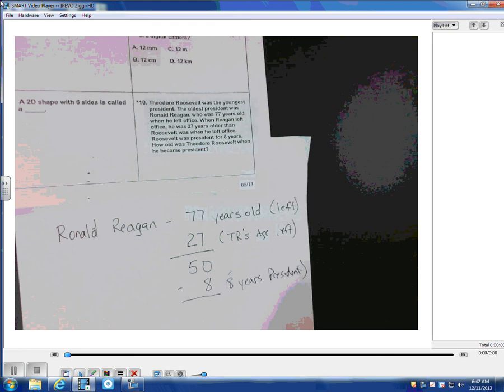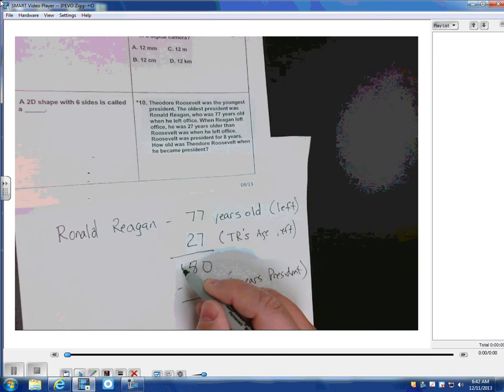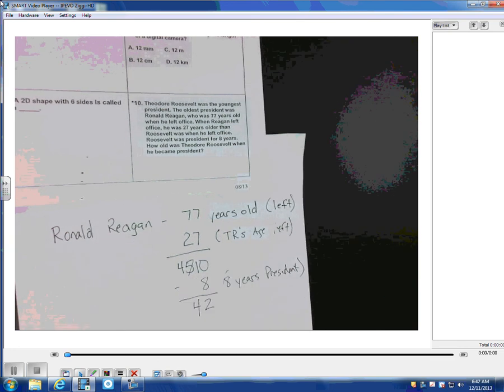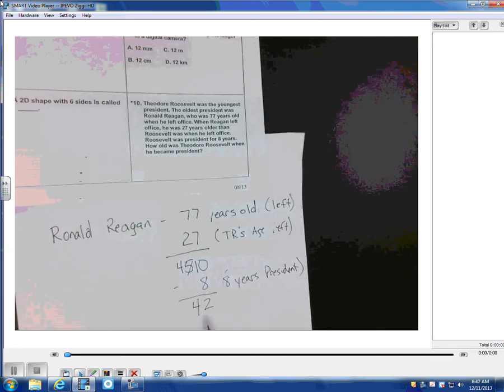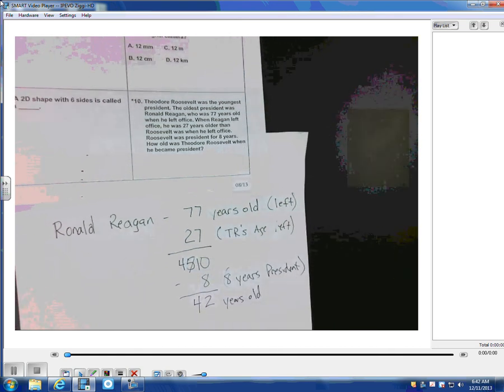Okay, so once I do that, can't take 8 from 0. So I'll borrow from the 5, that becomes a 4, that becomes a 10. 10 minus 8 is 2, and then I have 42. So I know that he was 42 years old when he became president. Okay? So that is number 10.